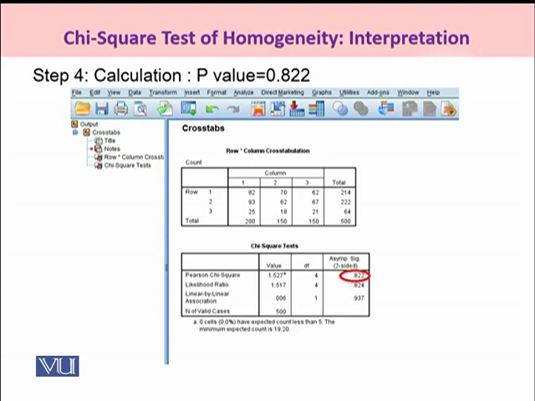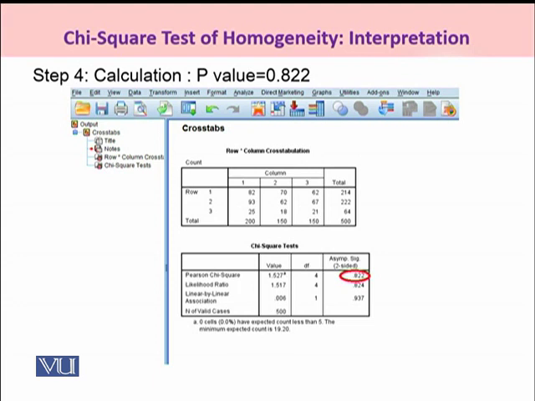Now students, if you look into the second table, whose title is chi-square tests, you can see many tests there, such as Pearson chi-square, likelihood ratio and linear-by-linear association. But we will be focusing on the chi-square.